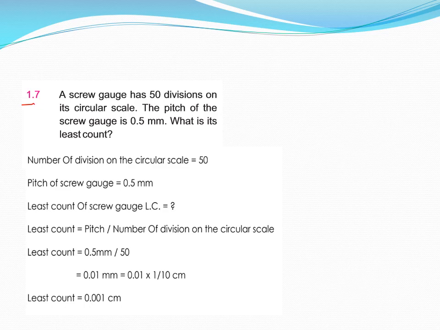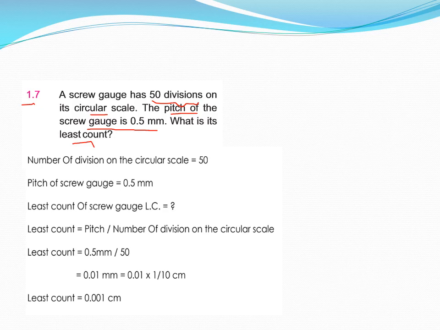1.7 is related to screw gauge. Here we are having 50 divisions on the circular scale. The pitch of the screw gauge is given as 0.5 millimeter, and we are to find the least count.